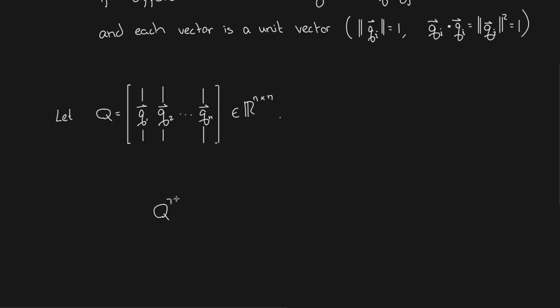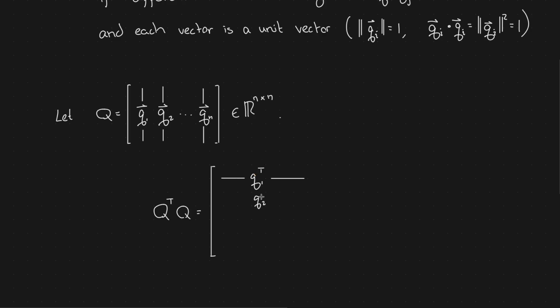Let's take the transpose of Q and multiply by matrix Q. Okay, so that means Q transpose, all the rows become columns, all the columns become rows. So column 1 becomes row 1. And this column actually flips on its side, so it's the transpose, right?